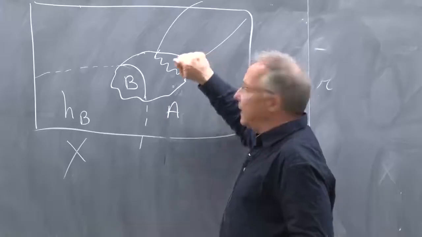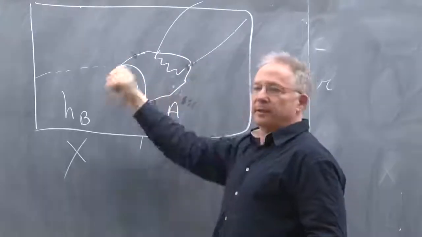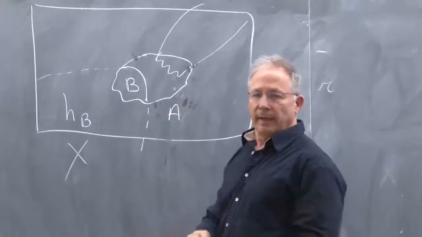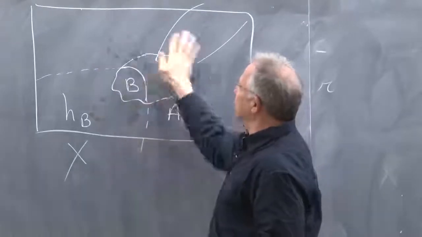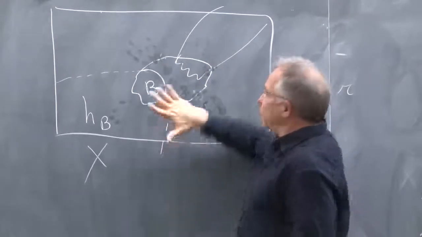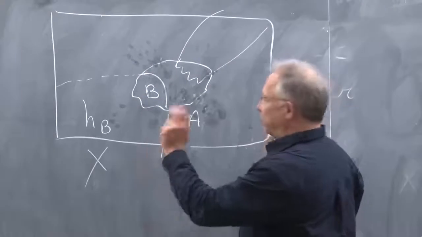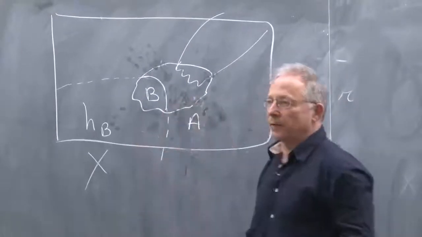So using the elements of H, I can cut A in every possible way. H kind of cuts and cuts and cuts, and every cut in A that you want can be obtained by taking a bigger element of H and pressing it down on A.